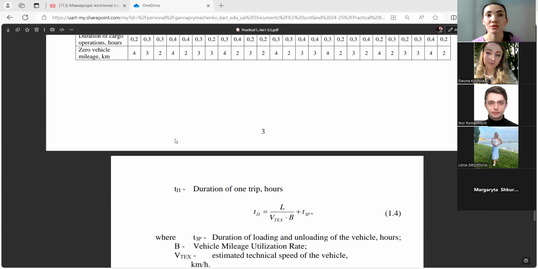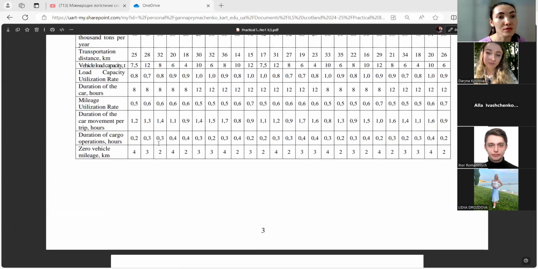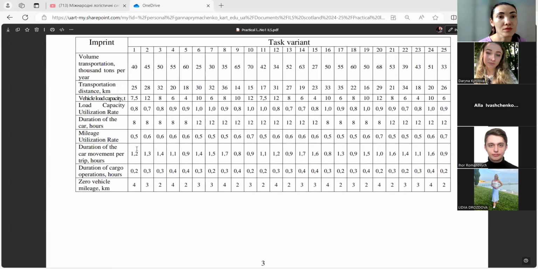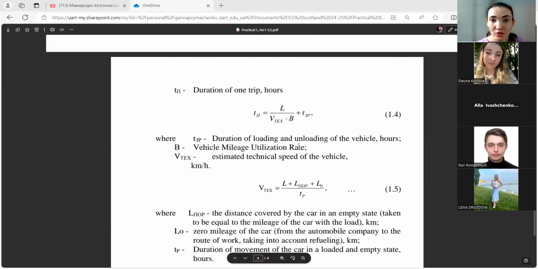If you have some questions, please ask. But in the table below it is written mileage utilization rate, not this. Mileage, yes, utilization rate. 0.5, 0.6. What is mileage utilization rate?